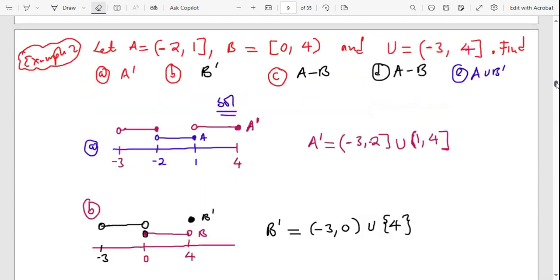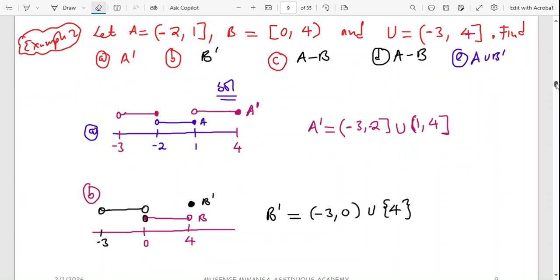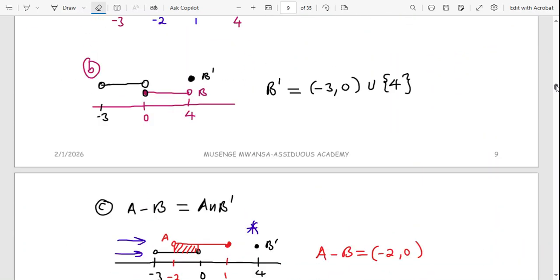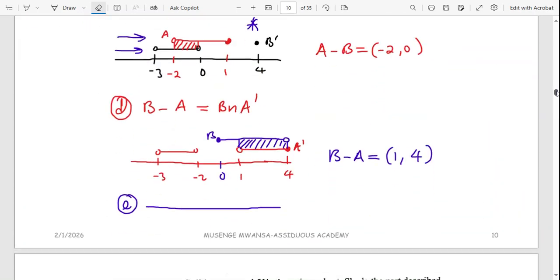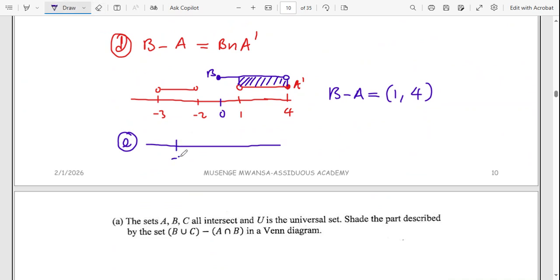All right, great. So let's find the last one, A union B complement. So I'm already getting B complement. B complement is from negative 3 to 0 and 4. Negative 3 to 0 and 4. It's like that.